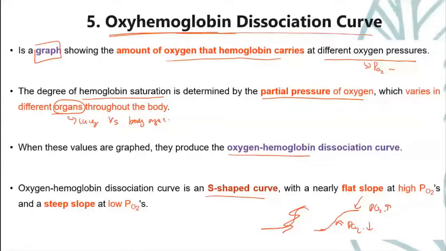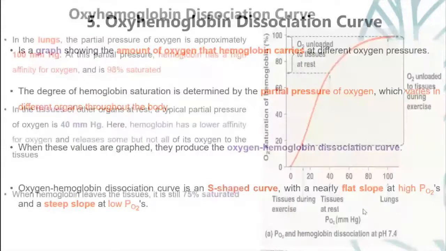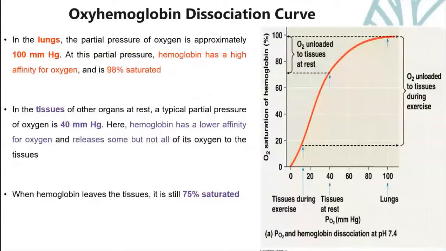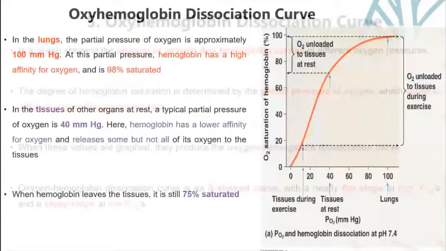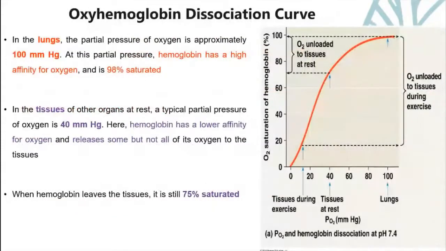Kenapa flat dekat top? Because all the hemoglobin is packed or has fully bound to oxygen molecules. This is what the graph looks like, an S-shaped curve. So kita tengok the points one by one.